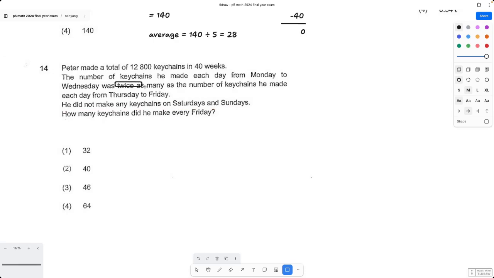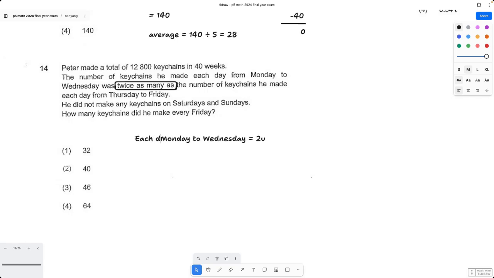Right. So in this case, we have twice as many. That means each day from Monday to Wednesday is 2 units worth of keychains, and then each day from Thursday to Friday is equal to 1 unit.